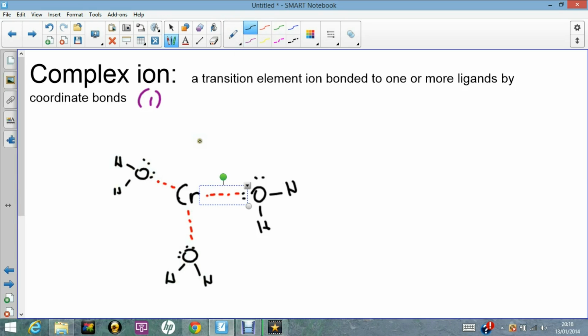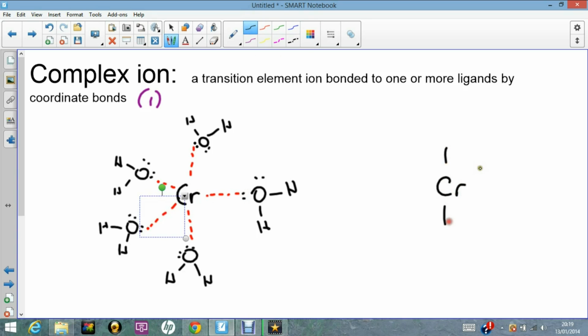Now, key things when you're drawing complexes are that the coordinate bonds, exactly like as in F321, must go from the lone pair to that central metal ion. So for example, if I was to draw this in the shorthand version, like this, I could draw those as H2O, so that would be fine here because there's the water and it's the oxygen that's bonding.